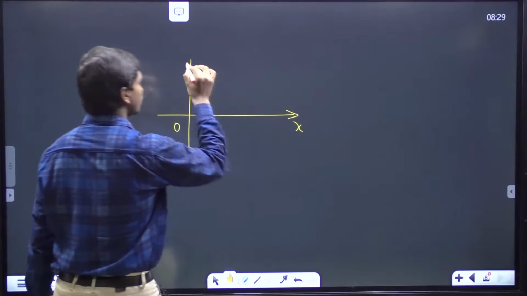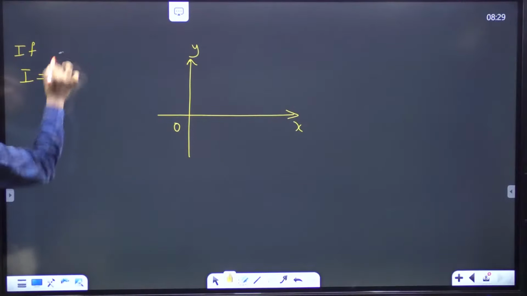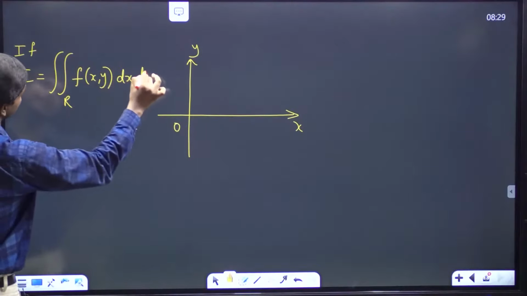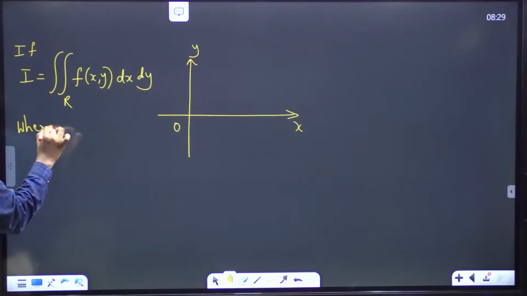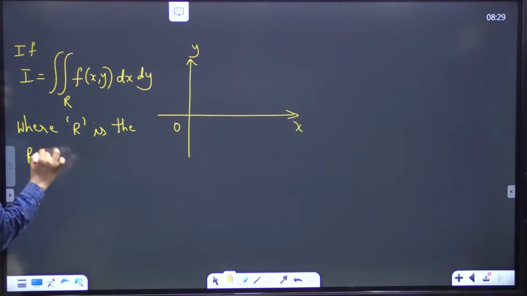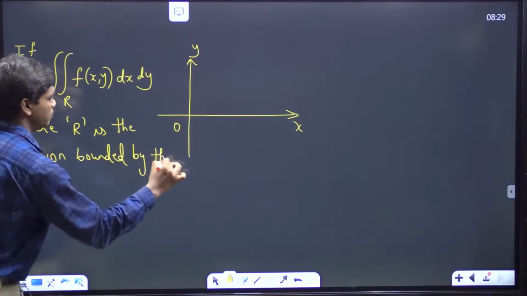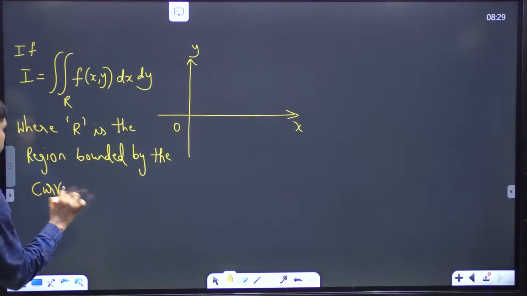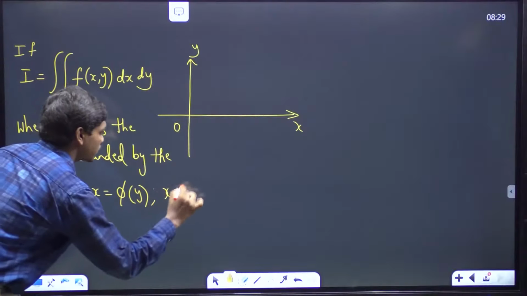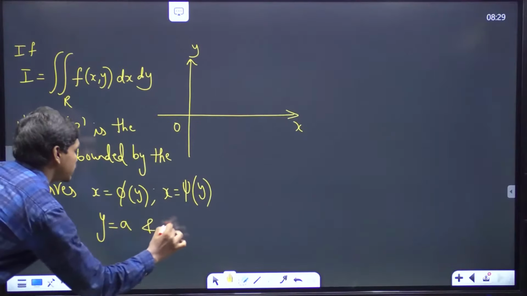Zero, x-axis, y-axis. Now see here. If I is equal to the integration over the region R of f of x comma y dx dy, where R is the region bounded by the curves x is equal to phi of y, and x is equal to psi of y, then y is equal to a and y is equal to b.